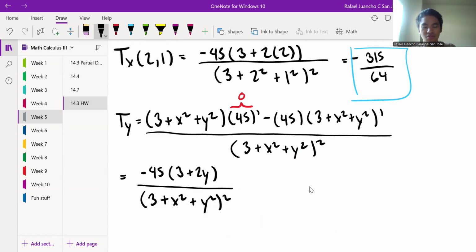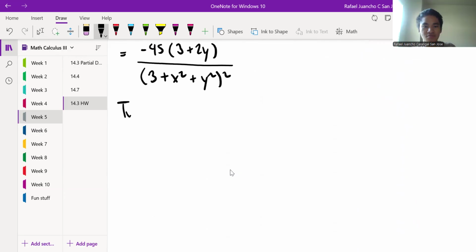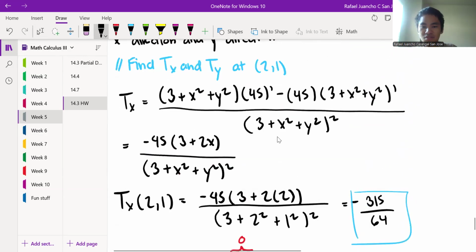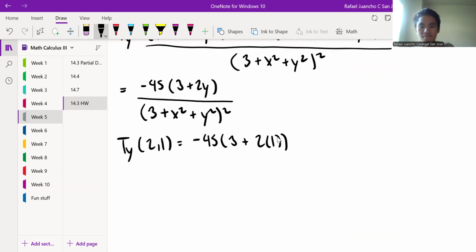So I'm just taking shortcuts. I'm trying to be quick. And then to compute at that point, we just plug in what we know. This is 1, right? Yeah. And this is, oh, okay.